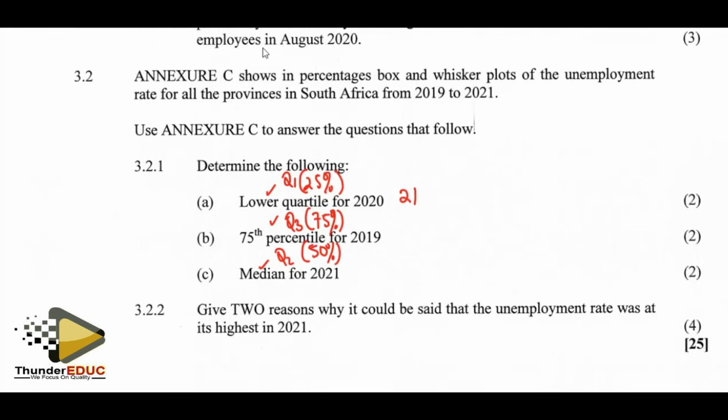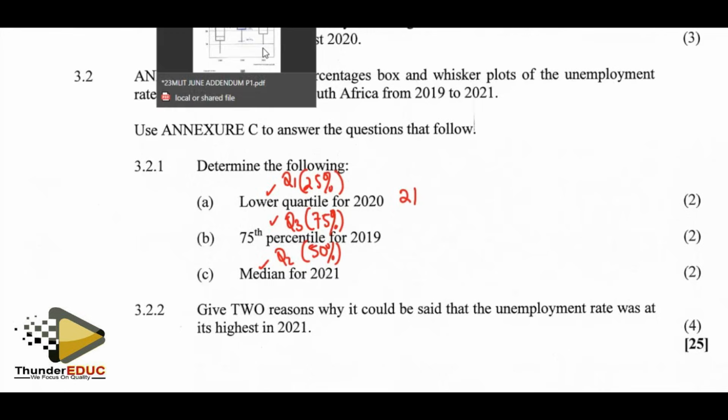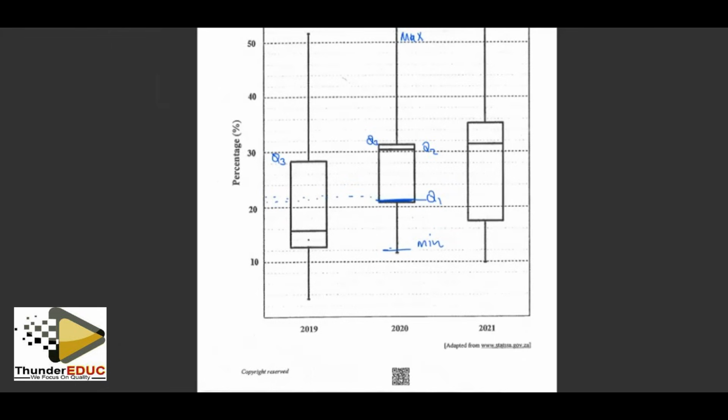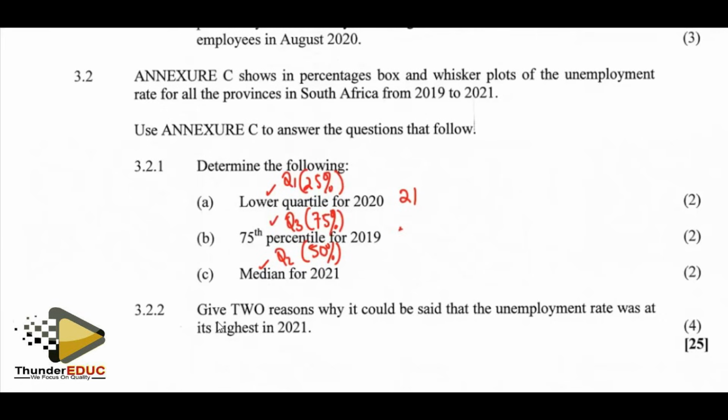We go to the upper quartile of 2019, it will be this one here. So it's close to 30, probably it's 29. It's not straight, maybe 29.